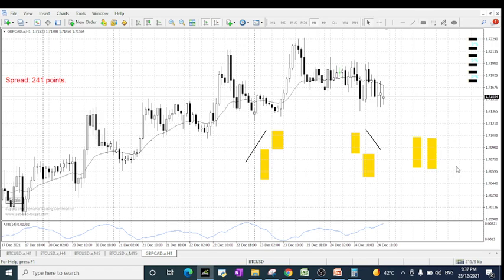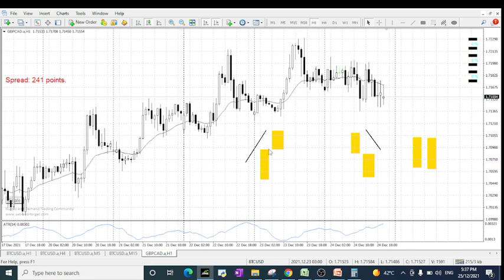This concept is so important. It's so important that you pay attention to this because it makes a big difference in whatever strategy you decide to trade.